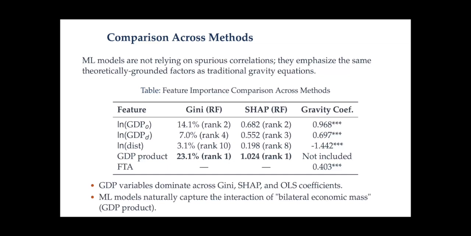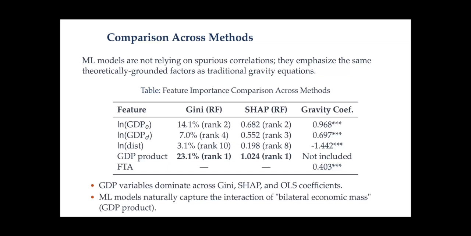So if two countries have a free trade agreement together, it will boost trade volume. To sum up, GDP variables dominate across Gini, SHAP, and OLS coefficients, and the machine learning model naturally captured the interaction of bilateral economic mass, which is GDP product.